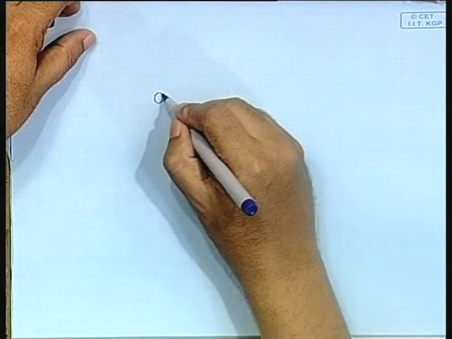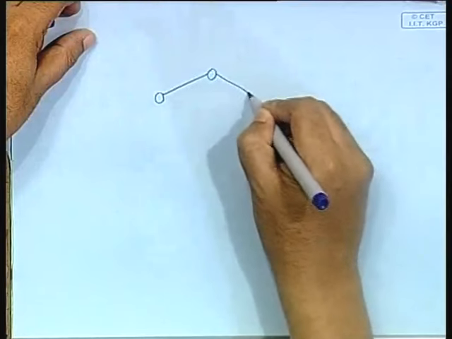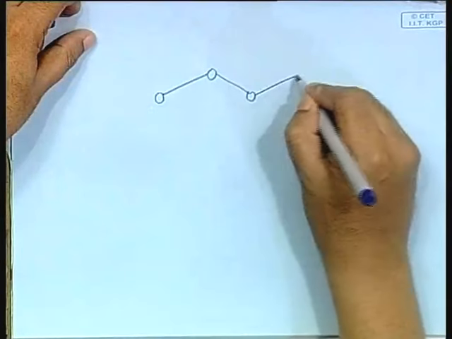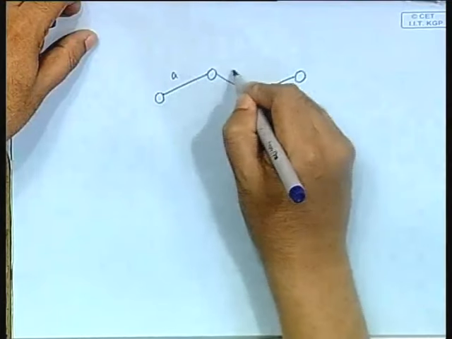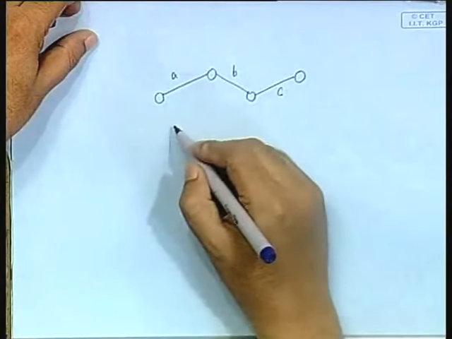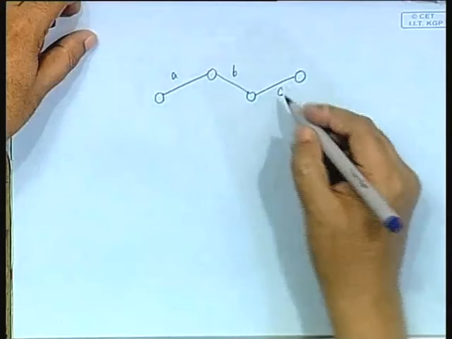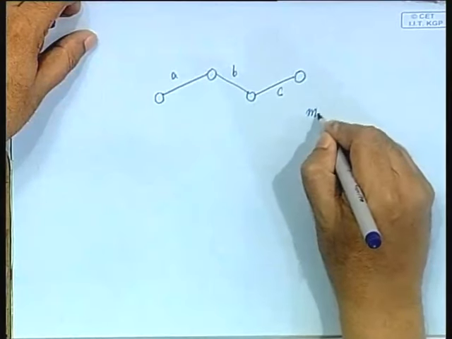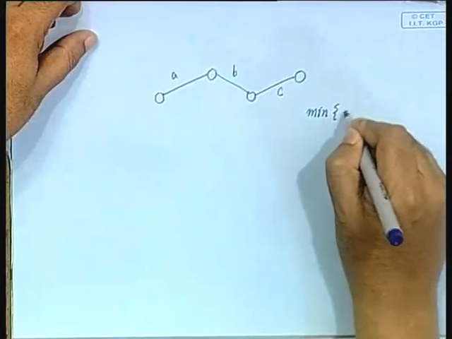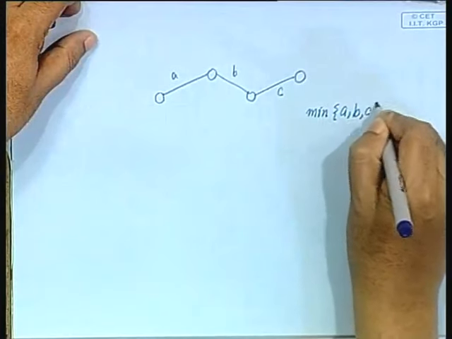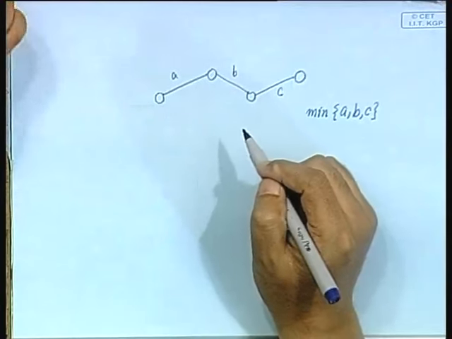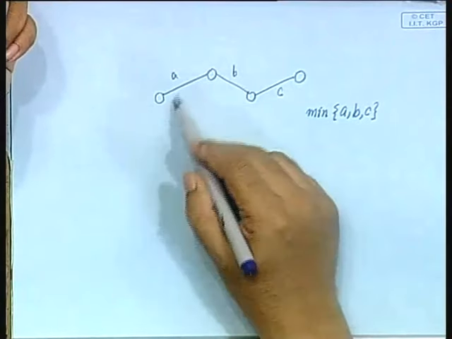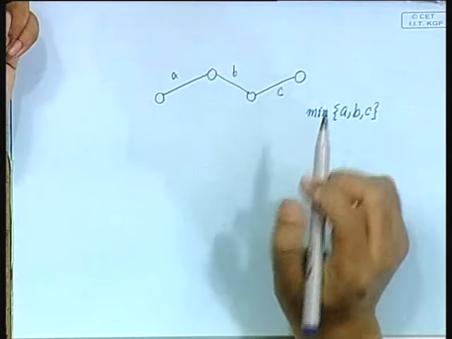So, for example, if I have a path and let us say that this has bandwidths of A, B and C, then the total flow through this has a bandwidth of minimum of A, B and C, right, because the one which is the thinnest becomes the bottleneck and determines the amount of flow that is possible along this path, right.